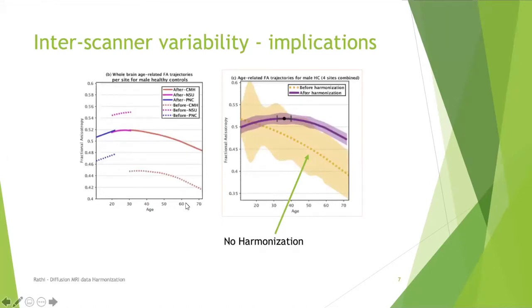If you were to not harmonize the data, and here we have data sets acquired from 3 different scanners shown in the dotted line, and you were to just take them and analyze them, here we are looking at the lifespan change in fractional anisotropy in male healthy subjects over age, you will get something which is potentially erroneous. Whereas if you harmonize, you see a trajectory that is very similar to what we would have seen if you were to get all of these subjects from the same scanner.